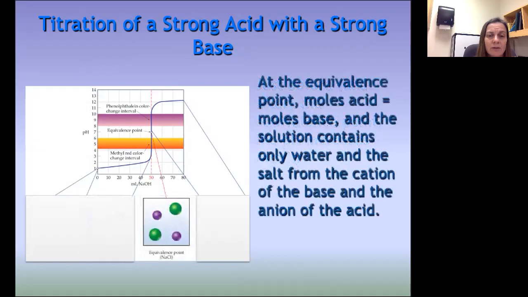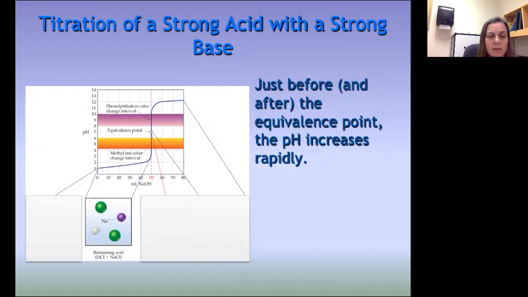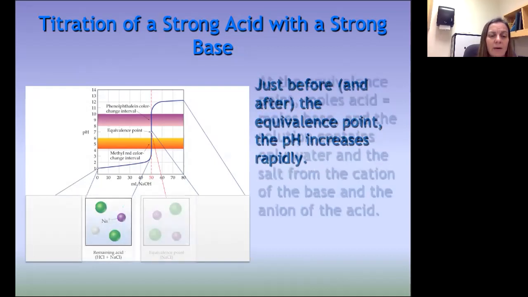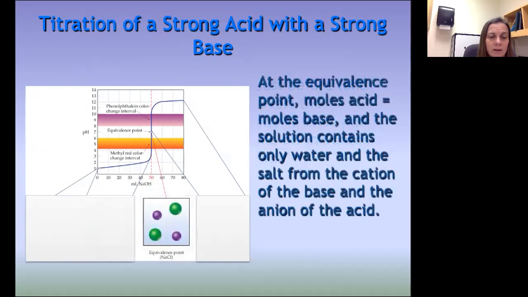So at the equivalence point, the moles of acid is going to be equal to the moles of base. We're going to have only water and salt, meaning sodium ions and chloride ions. So here we were just before, we still had a few hydrogen ions left. Now we have just sodium ions and chloride ions and water.